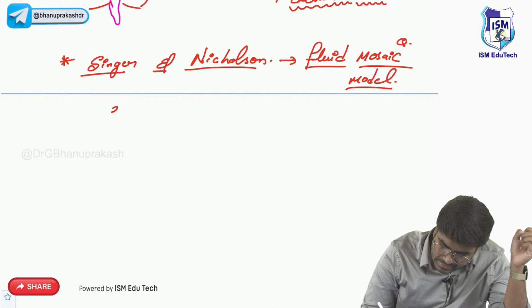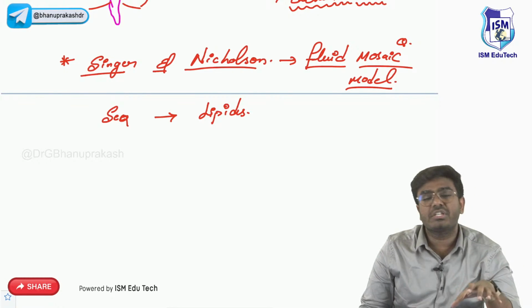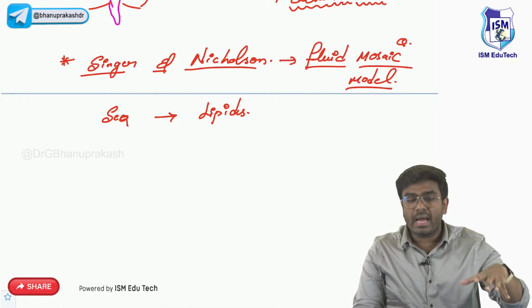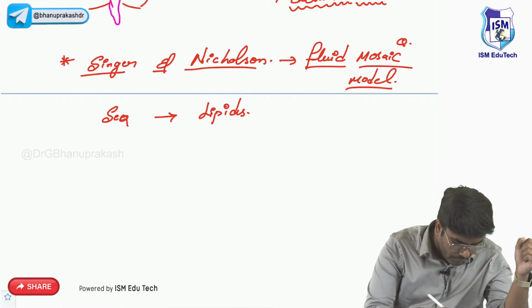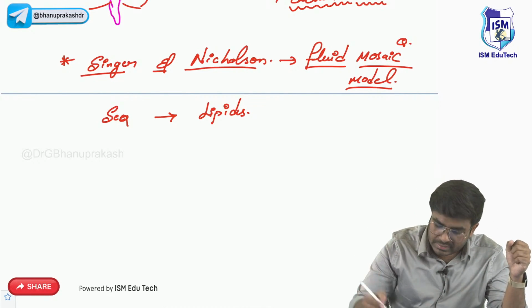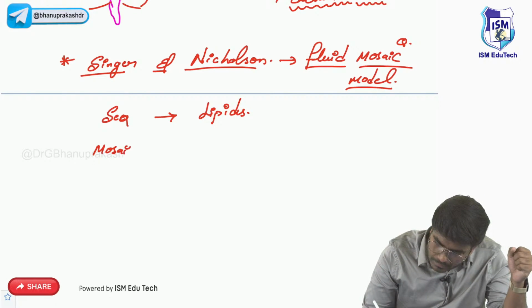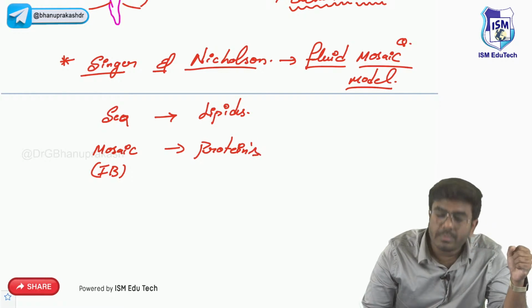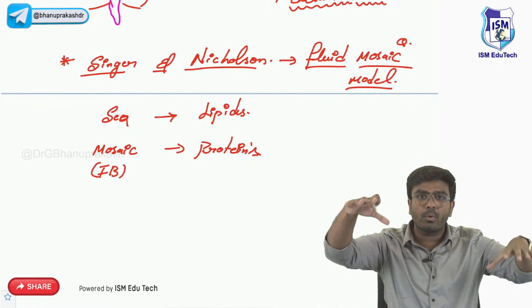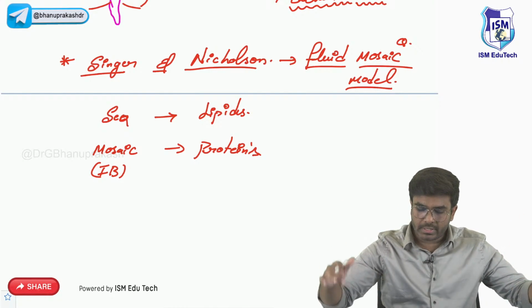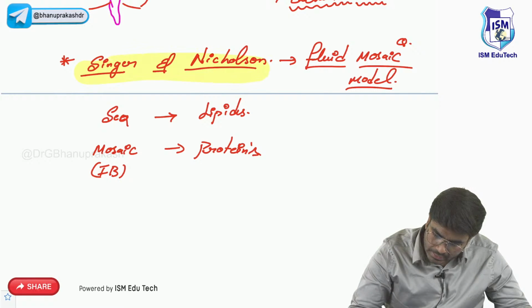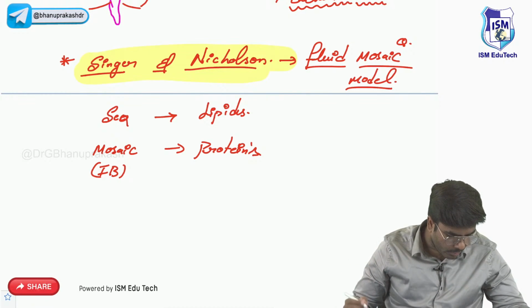You have a C, and the C represents lipids, in which the icebergs are floating. The icebergs, or the mosaic pattern, are nothing but the proteins. So in the sea of lipids, these proteins are just floating. So don't forget for your exam, Singer and Nicholson proposed the fluid mosaic model.